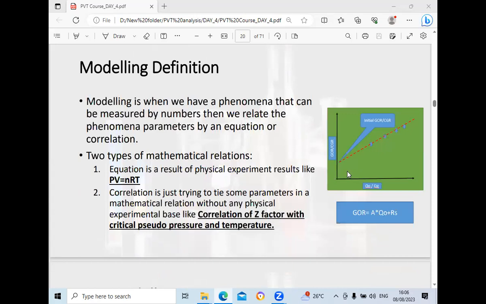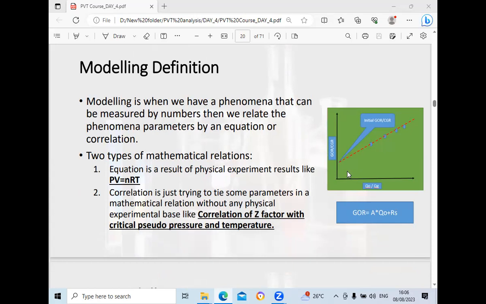So the first thing is, what do we consider as a model? Because there are basically two forms of equations that we can use to carry out modeling in real life.